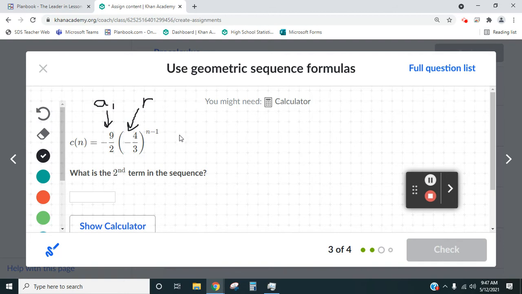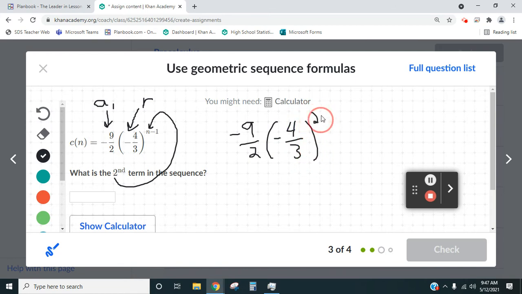Formulas mean you can take a number, plug it in there and figure it out that way as well. What's the second term? We could just plug in 2. So what would that look like? And we could plug in any number. If we wanted to find the 400th number, we could do that. So this is something you should also be writing down.